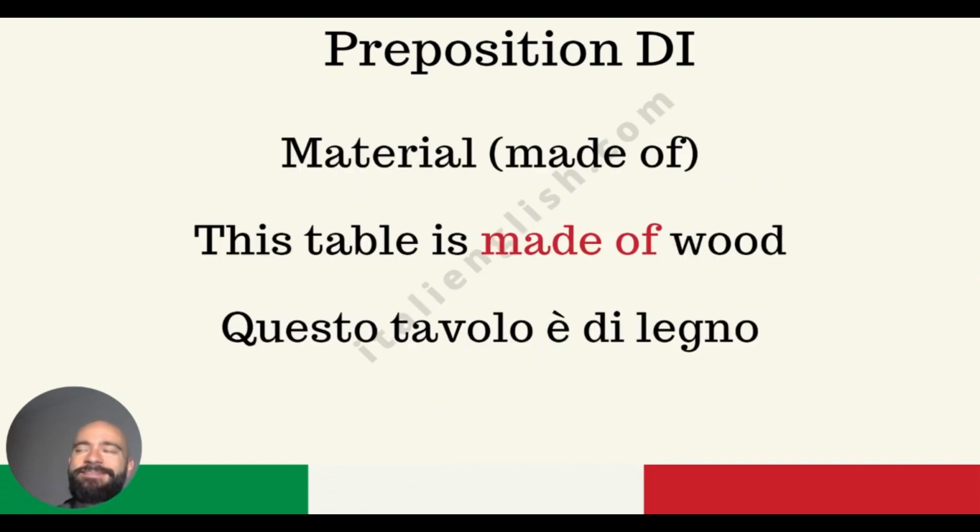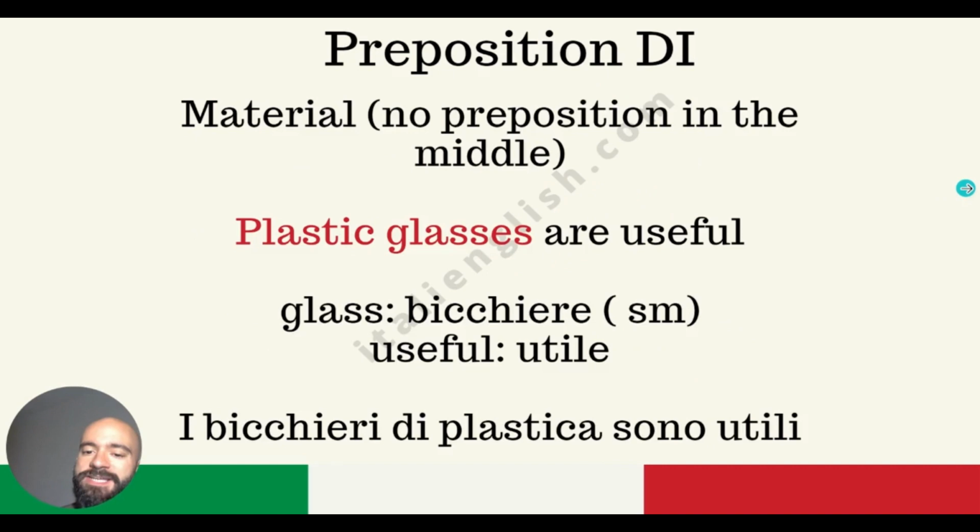Material. Again, suggestion. You can say the material is often sort of made of. So this table is made of wood. Tavolo is table and legno is wood. Questo tavolo è di legno. Okay. Another case scenario with material is when there is no made of. So when there is a chain of words and one of them describes the material, like plastic glasses.